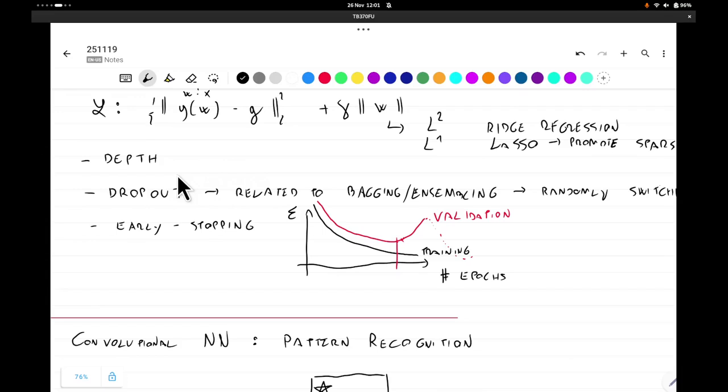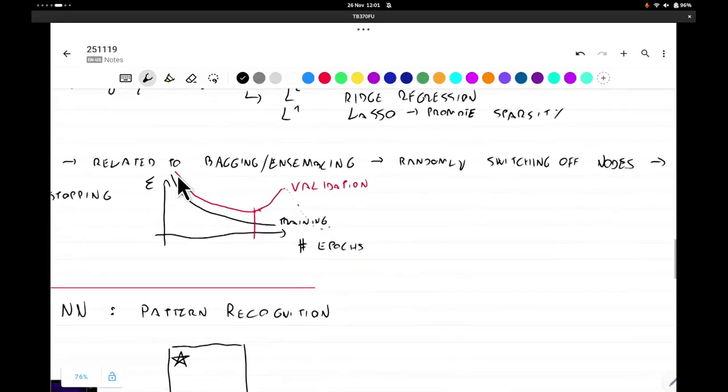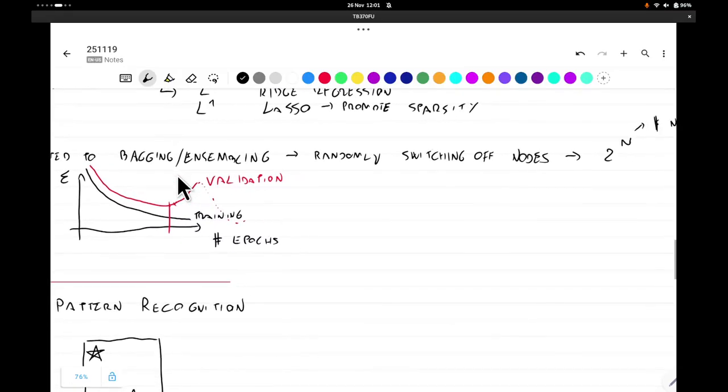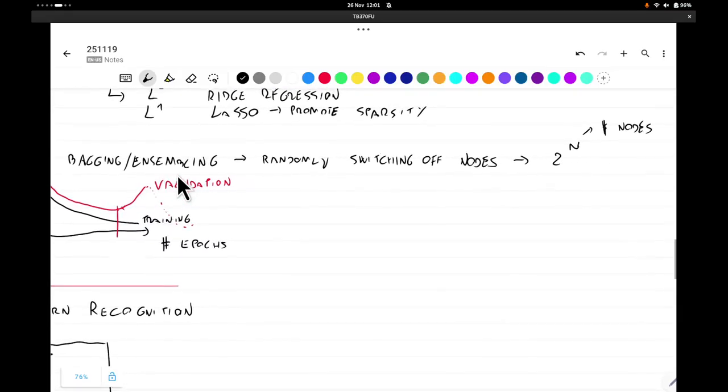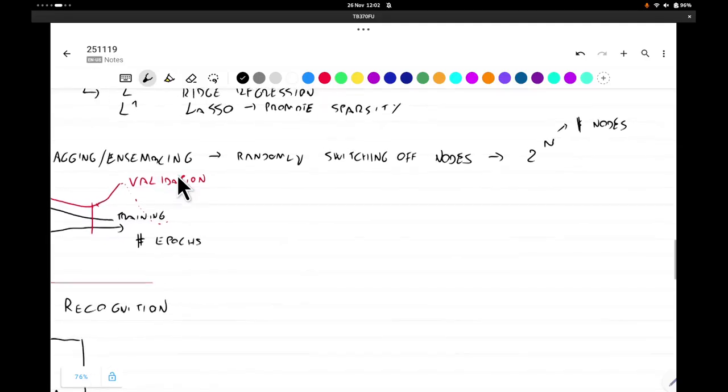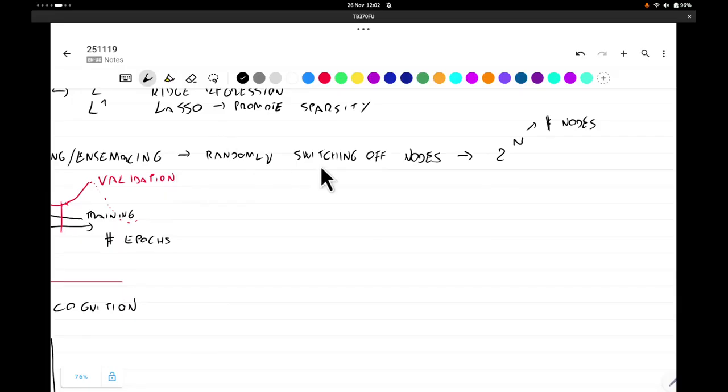And the other thing, which is very related, is that we are in fact learning an ensemble of networks, because switching nodes randomly off and on, one is sampling 2 to the power n networks. These are all the possible subsets of networks that have any combination of switched on and off nodes.